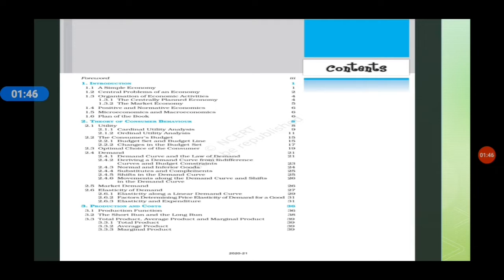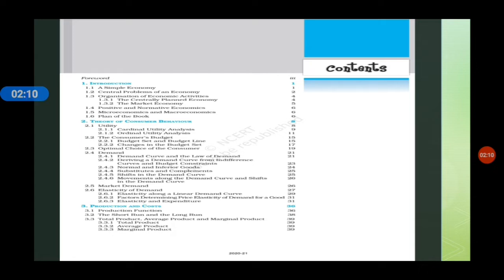Thereafter, microeconomics and macroeconomics. Here we learn the meaning of microeconomics and macroeconomics, and the differences between micro and macroeconomics. So this is all kept in this first chapter, followed by the second chapter, that is theory of consumer behavior.